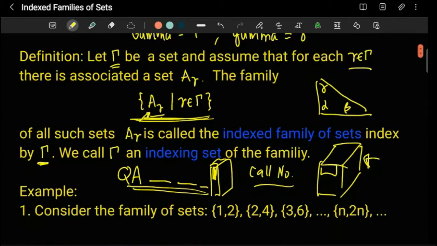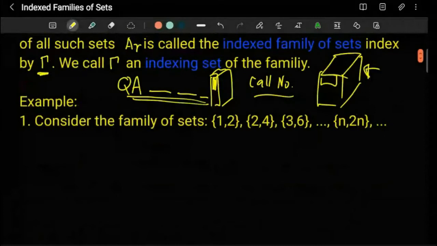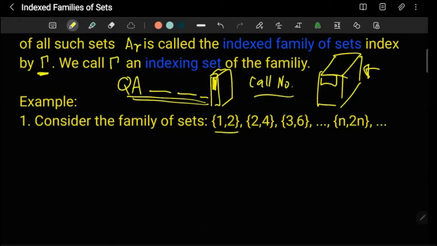Let's have some example. Let's say we have a family of sets consisting of this set. The set 1, 2, the set 2, 4, the set 3, 6, and so on. So in general, the set consisting of the elements n and 2n.